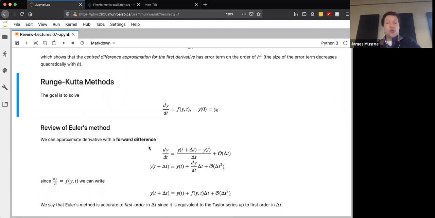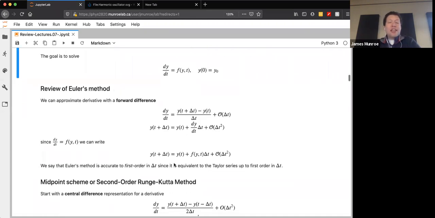They are used for solving any differential equation written in the form of the derivative is some function of itself and optionally time. This math just points out that we can start from this equation, use a forward difference, and what we come up with is equivalent to the Taylor series. It's the same terms up to and including the delta t term, so we say it's first order accurate.